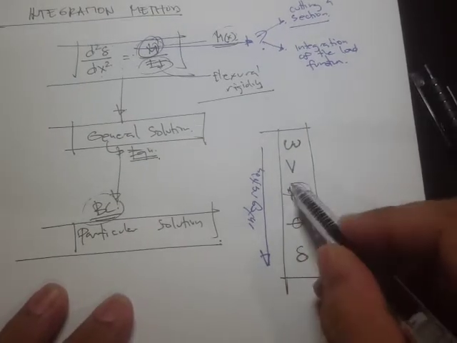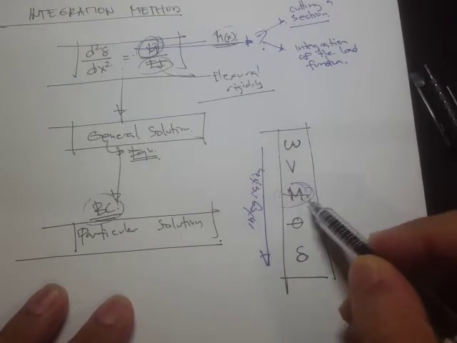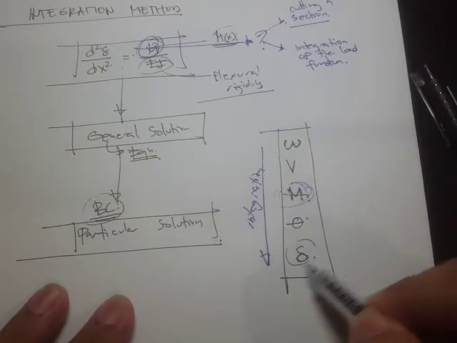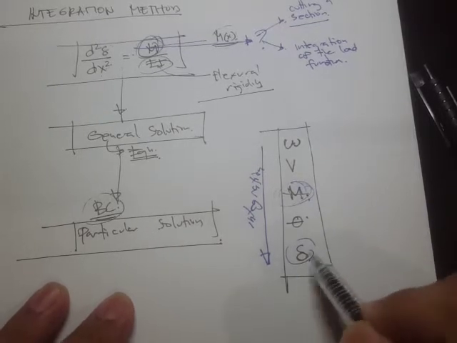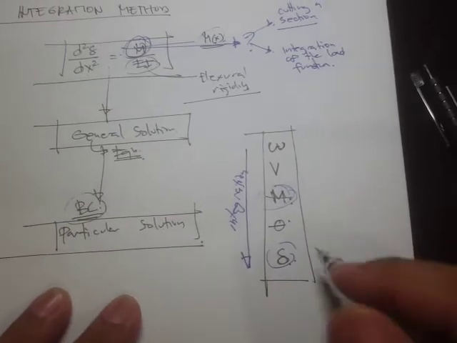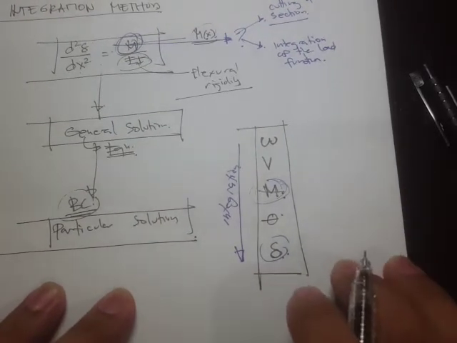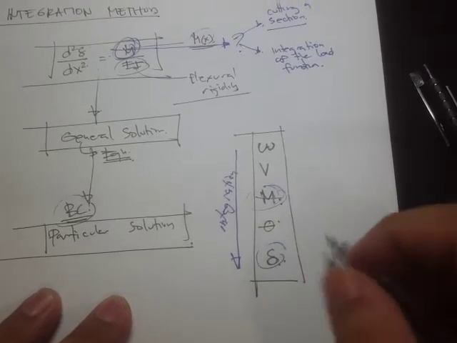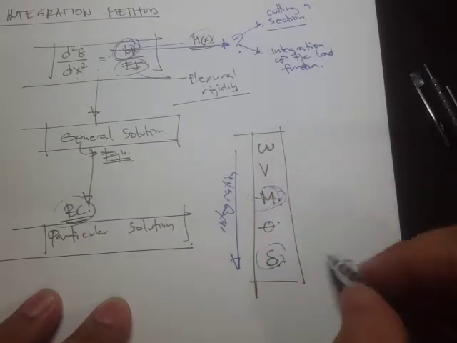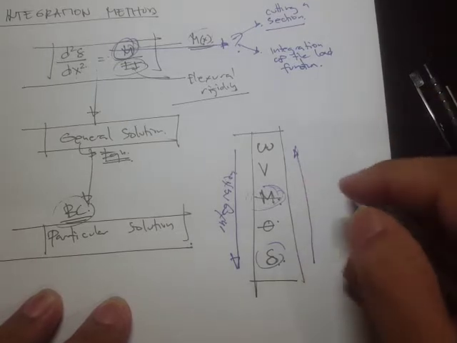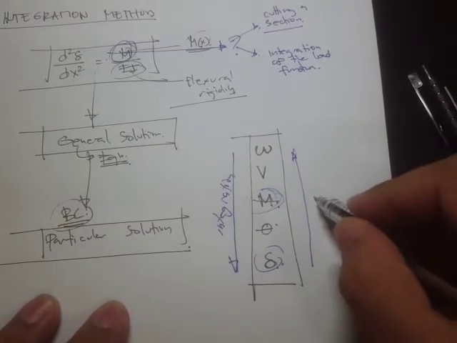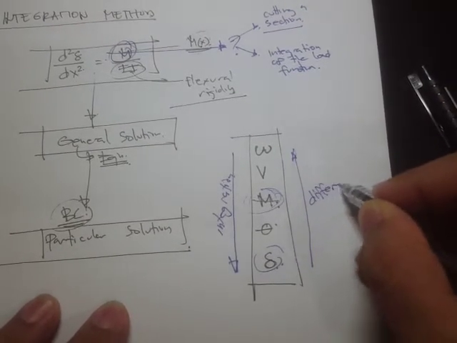For example, if we integrate the moment twice, what we can obtain is the deflection. And the opposite is that if we are given the deflection, then going backward, the operation that we need is differentiation.